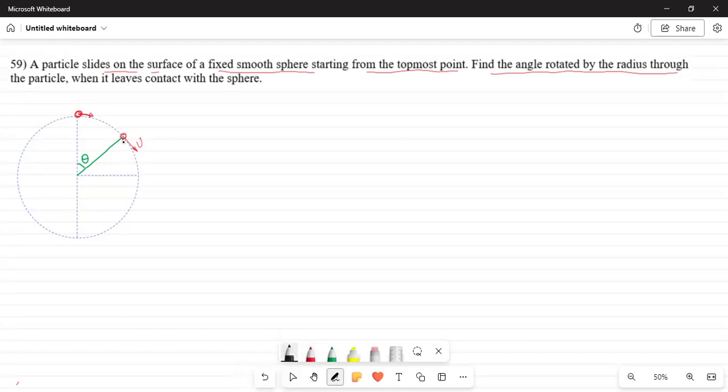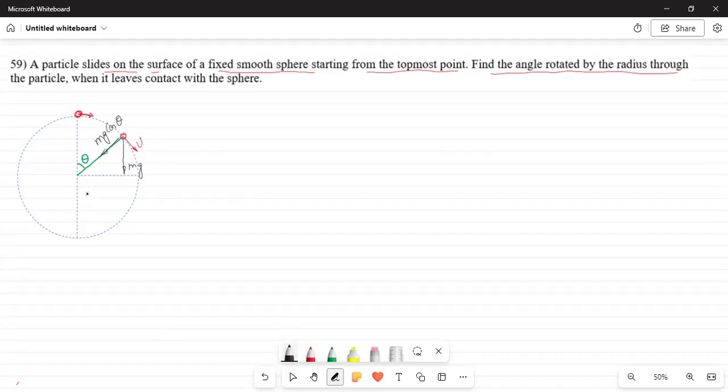If the point is here, it has a downward force mg and it has a radial component mg cos theta. And this mg cos theta provides the centripetal force, which is equal to mv square by r, where r is the radius of the sphere, right?